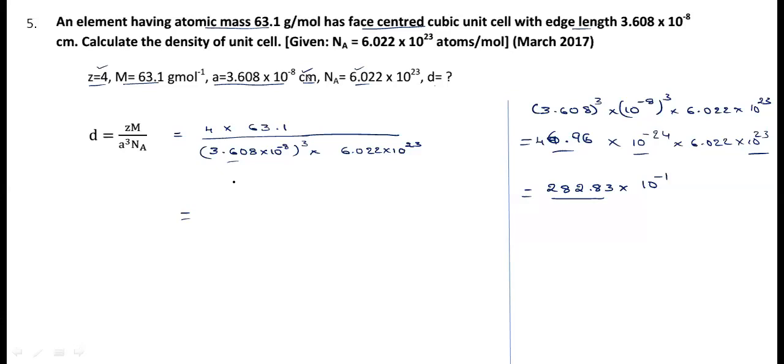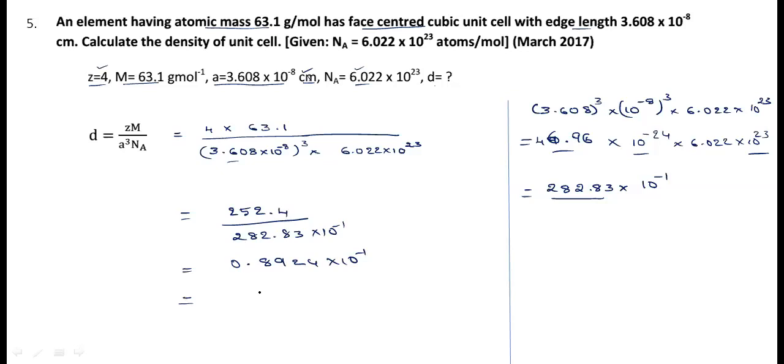The numerator value is 4 into 63.1, that is equal to 252.4, divided by 282.83 into 10 to the power of minus 1. So we'll divide the numerator by the denominator value. 252.4 divided by 282.83 is 0.8924 into 10 to the power of minus 1.